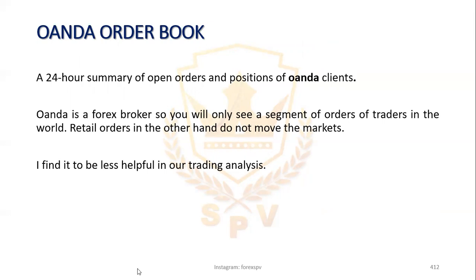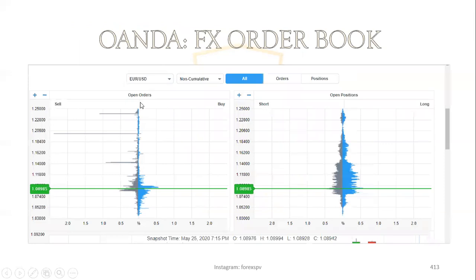So you would see, like here we have open orders and this is open positions. So basically these are pendings, orders that are not filled yet, and these are running orders. So these are orders that have already been filled. So basically at each price level, you can see the number of orders that are in.